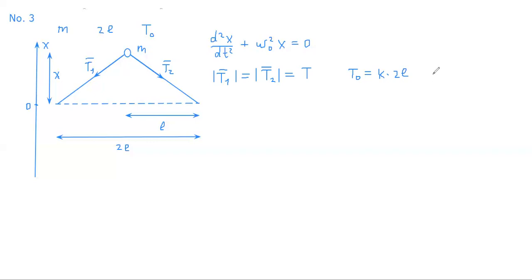So we can find this spring constant: K is equal to T0 divided by 2L, where K is the spring constant. And this spring constant we can use to find T.